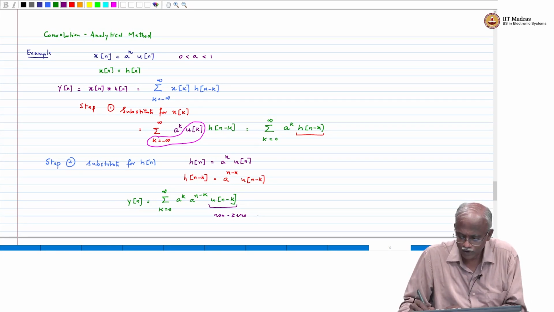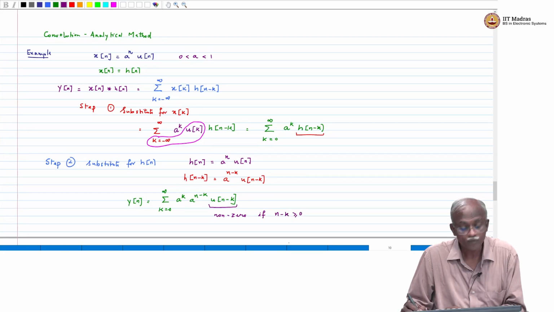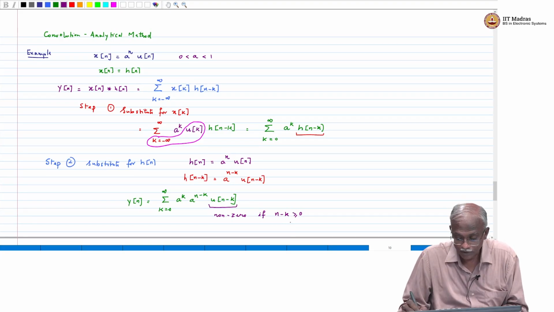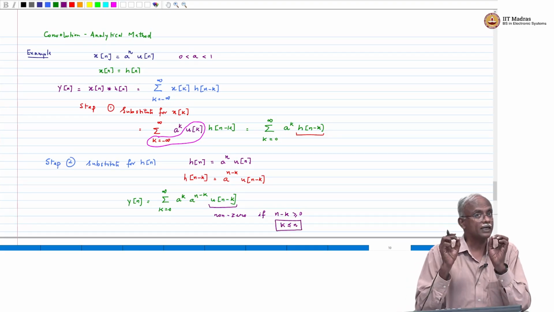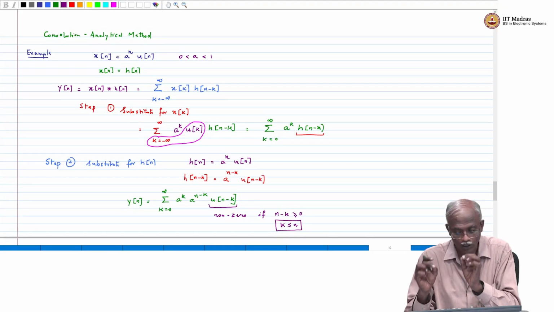Non-zero if n minus k is greater than or equal to 0, which, if you simplify, is nothing but k, take it to the other side, is less than or equal to n. This is the only place where the u of n minus k is non-zero.